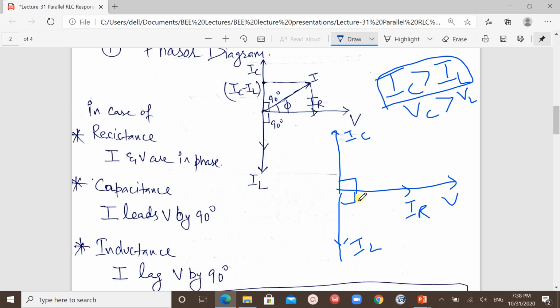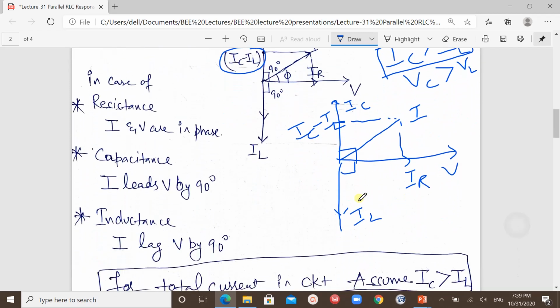Based on this condition we put here one mark which is IC minus IL, as shown in this diagram, and from this point we draw a rectangle. Joining these points, this is our total current I. Here we are using the rectangular phasor form, so that's why we are connecting these two points.